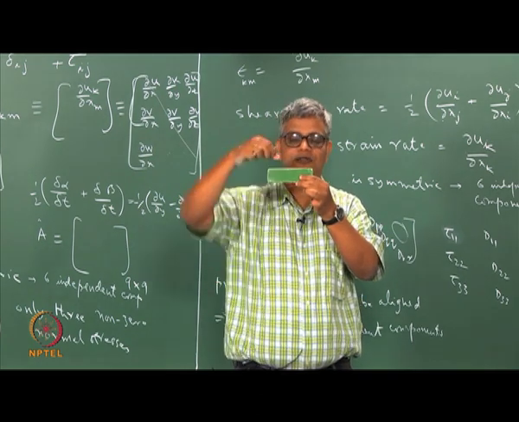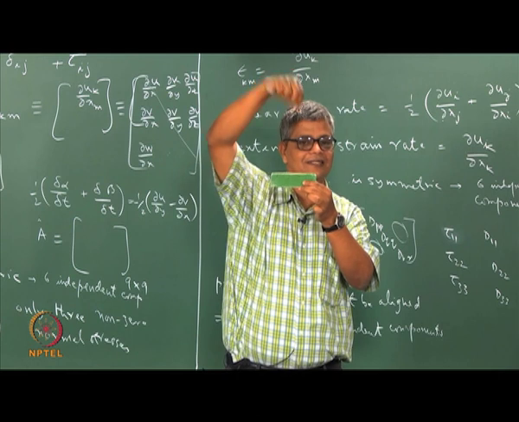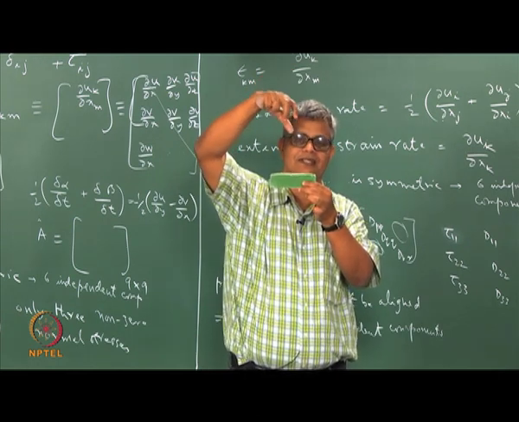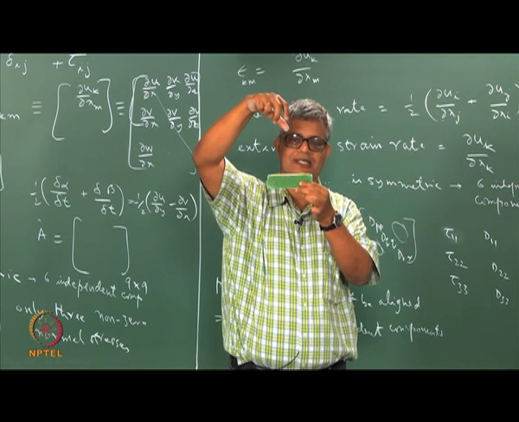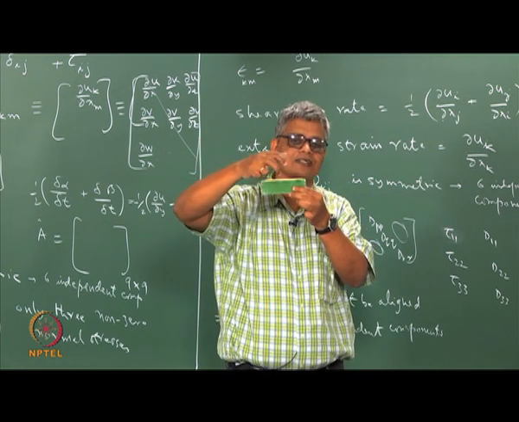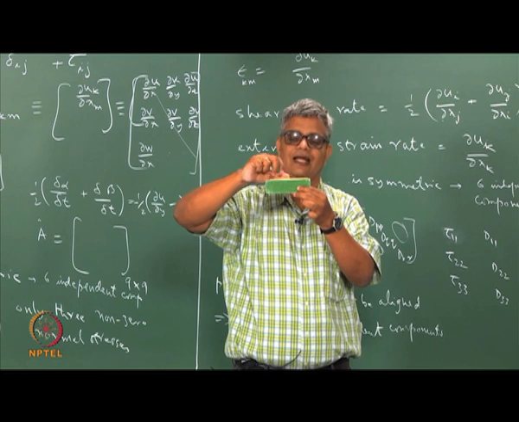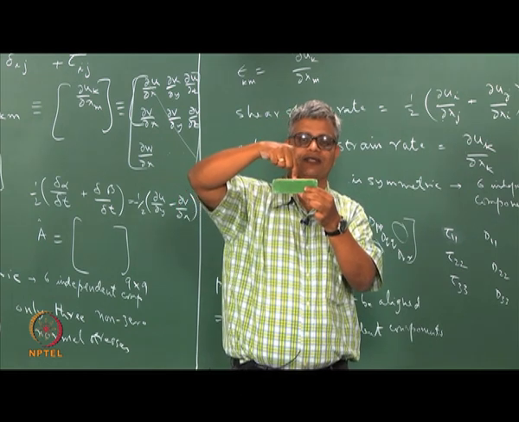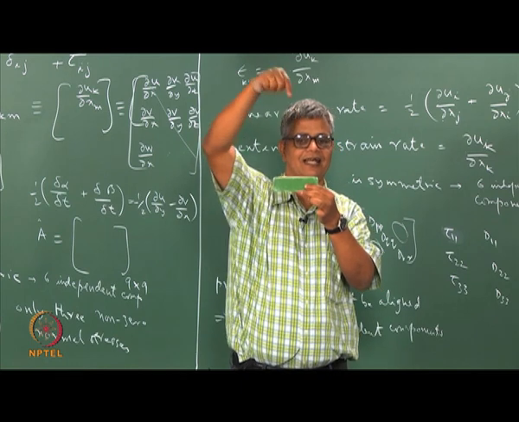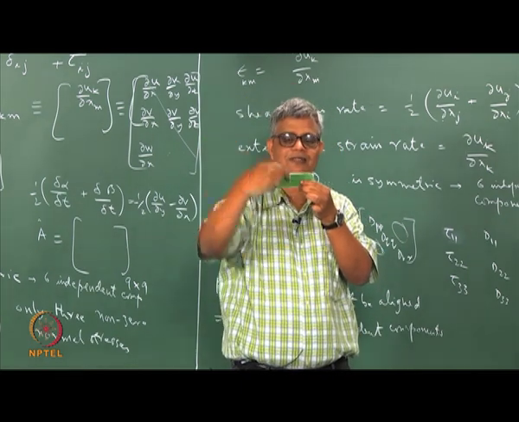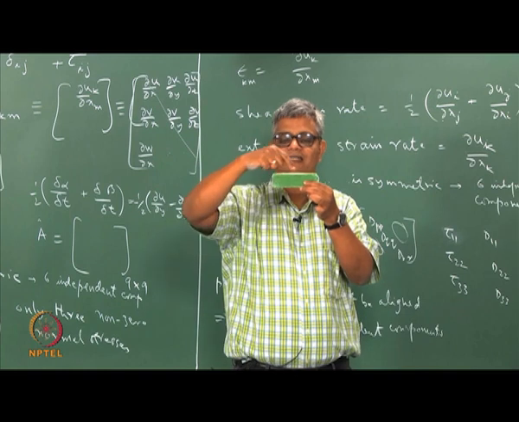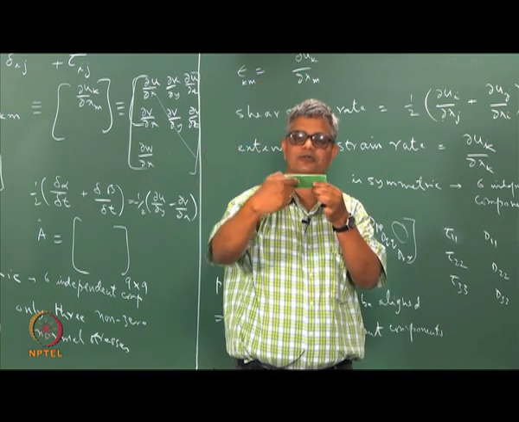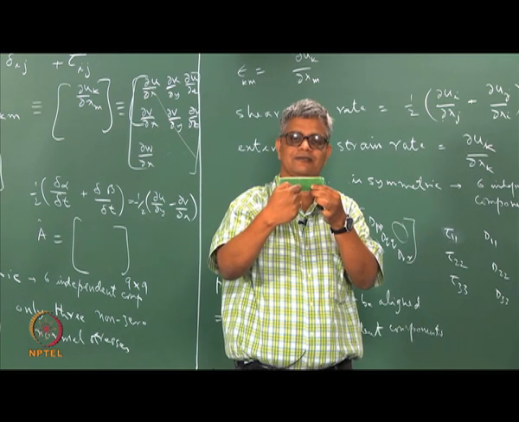And similarly, if you now apply the stress in this direction, along the direction in which you applied the stress, you have a certain extension, stretching, and in the other two directions there is a small contraction. And so the contraction that is produced in the z direction by the application of a stress in the y direction, that is a tensile stress, produces a contraction in the z direction.